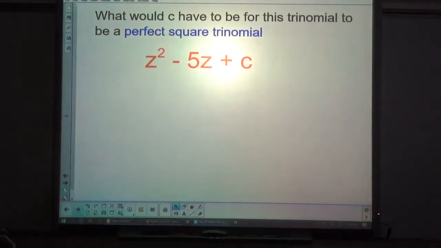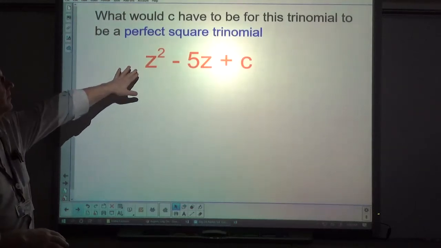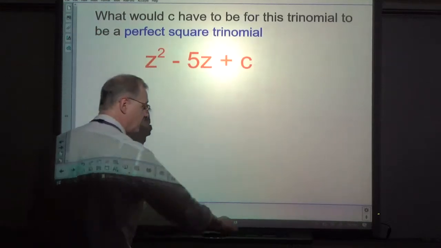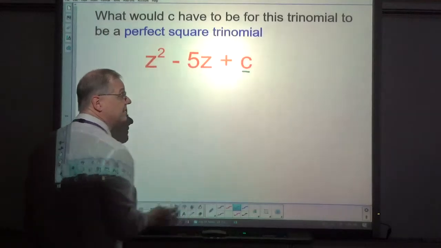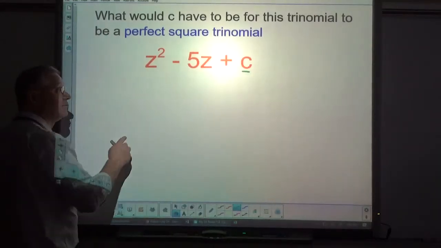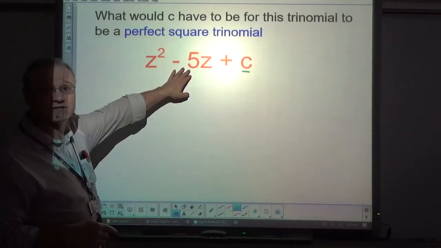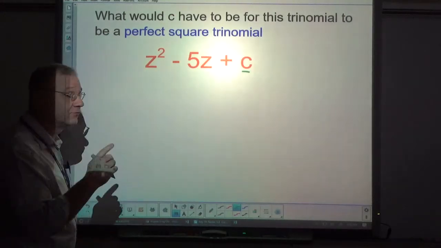All right, so the next question is, having just done that, what would C have to be for this trinomial to be considered a perfect square trinomial? Well, remember we just added half of the coefficient squared? Absolute value, remember?